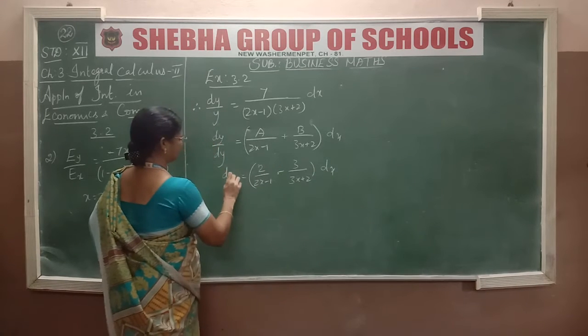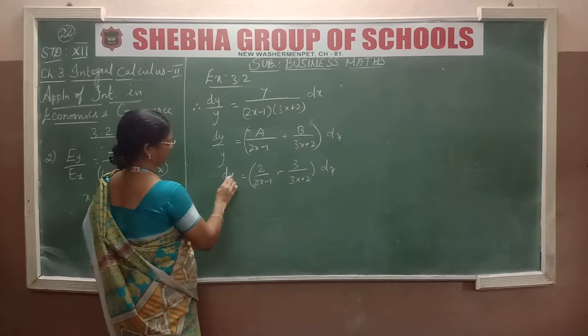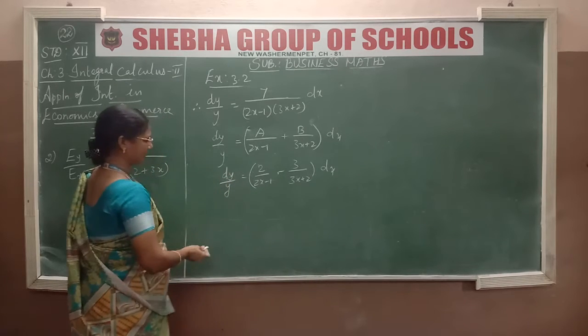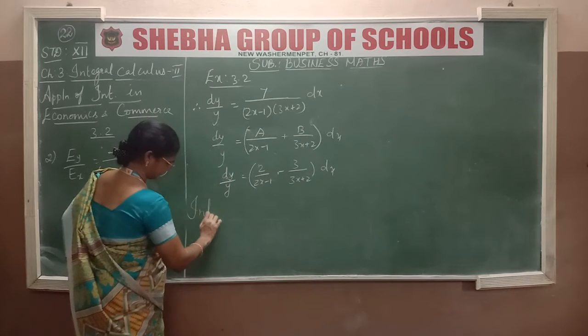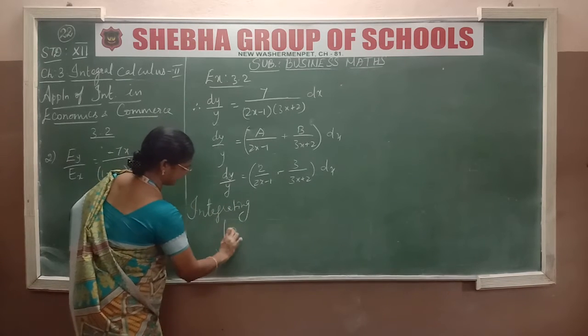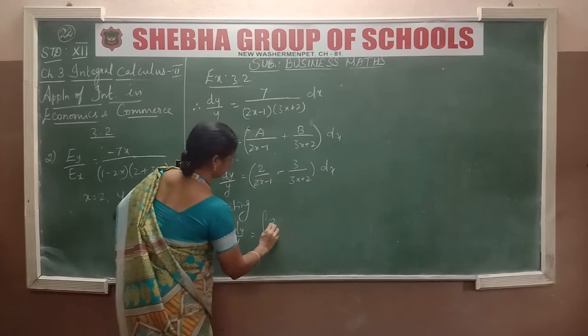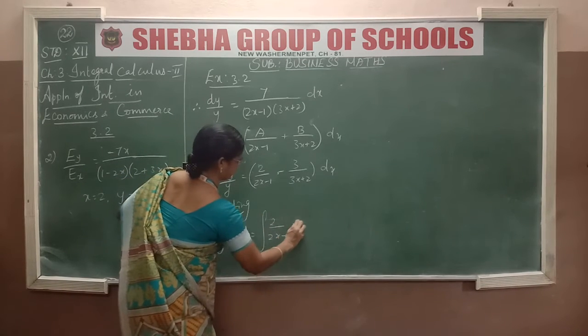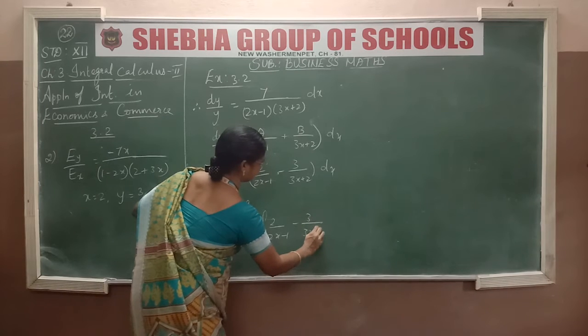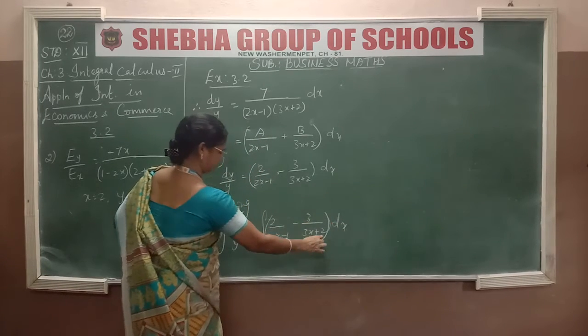And our left hand side is dy by y. Now integrating both sides, we get integral dy by y equal to integral 2 by 2x minus 1 minus 3 by 3x plus 2 into dx.